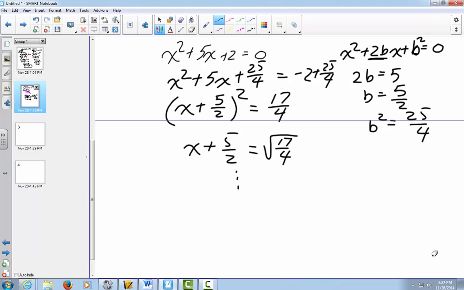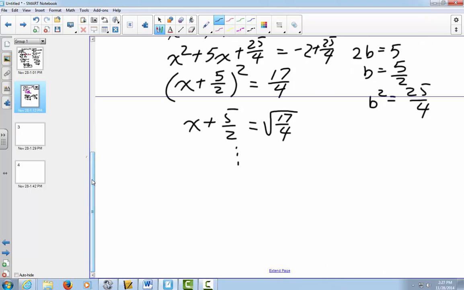So, finishing where we're at, we've taken the square root here, and that's going to be x plus 5 over 2 equals square root of 17 over 2, because square root of 4 is equal to 2, so I can simplify that much. Now I got to get x by itself, so I'm going to subtract 5 over 2.